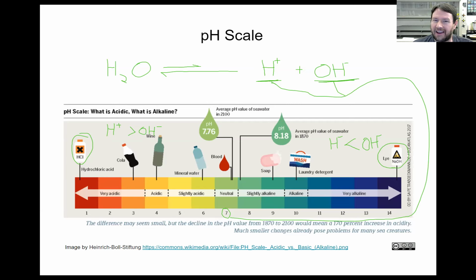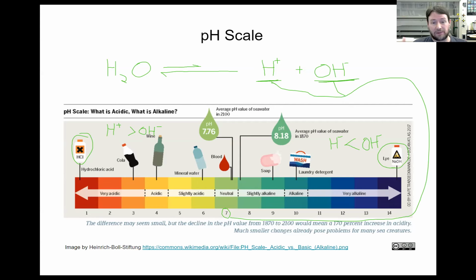Anyhow, this means that the ionic balance, the balance of hydrogen and hydroxide ions, is very important for the biochemistry that happens in these water-based solutions. And usually living organisms have a system of buffers to keep the pH constant. When we talk about homeostasis, maintaining internal conditions, one of them is pH.